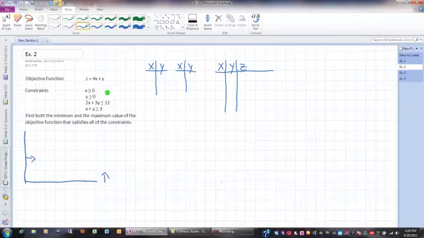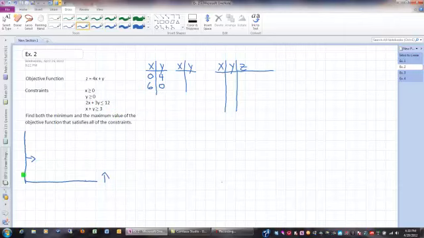All right, so 2x plus 3y equals 12, right? We're going to graph the equality version of this. So if x is 0, y is 4, and if y is 0, that leaves me with 2x equals 12, x is 6. So we'll graph that.